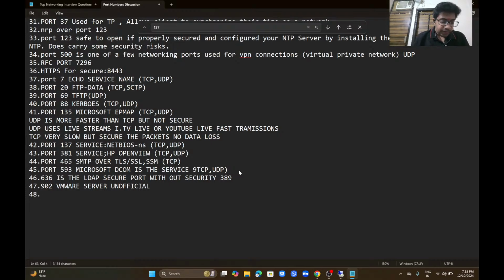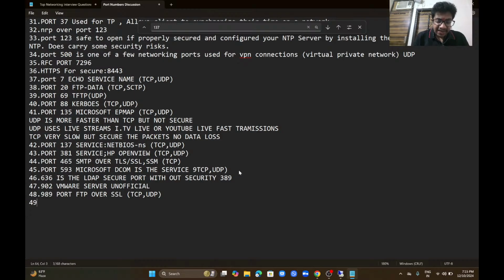989 is the port used for FTP over SSL, using TCP comma UDP as the port numbers.